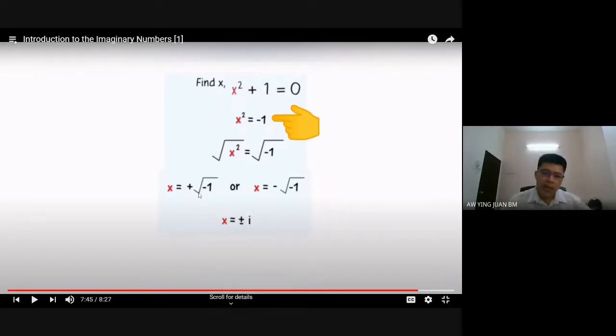So people are asking, sir, how come got positive, negative? This one very special, only exists when we square root something which is squared. Faham? When we square root something of x squared, then it will have positive and negative.